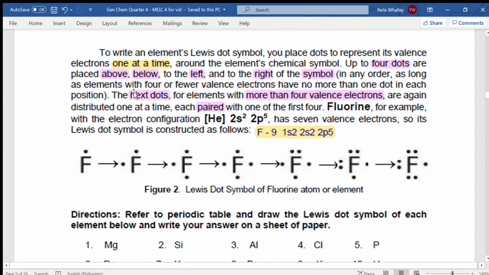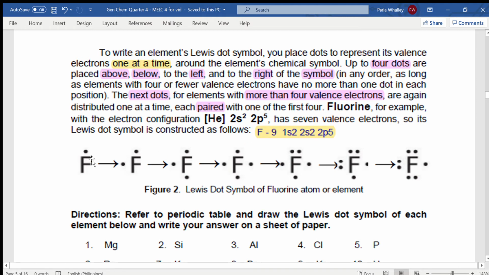It can also be arranged in another way, as long as the elements with 4 dots or fewer valence electrons have no more than 1 dot in each position. The next dots for elements with more than 4 valence electrons are again distributed one at a time, each paired with one of the first 4.